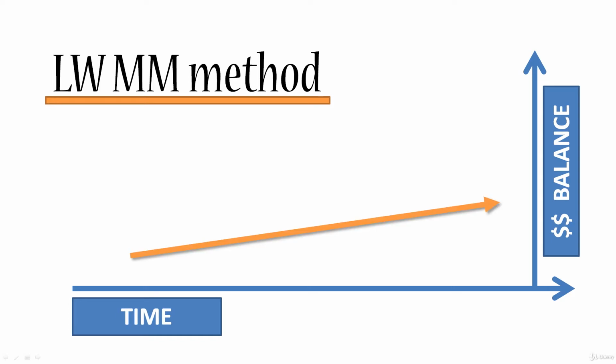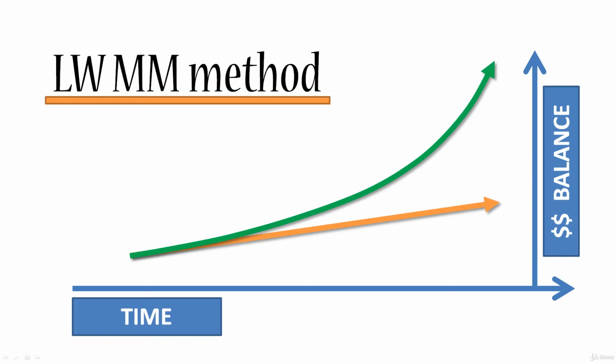Now, the main goal of the Larry Williams money management method is to convert this linear growth of our balance into exponential growth. And the best part is that the Larry Williams money management method does this without affecting your trading strategy at all. So you would be entering at the same times and at the same signals.